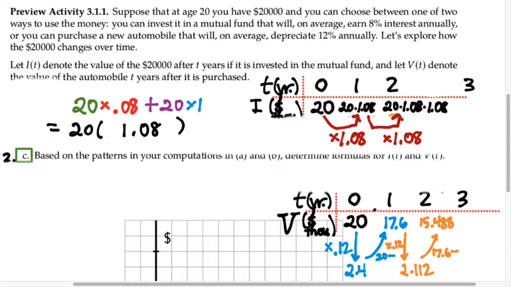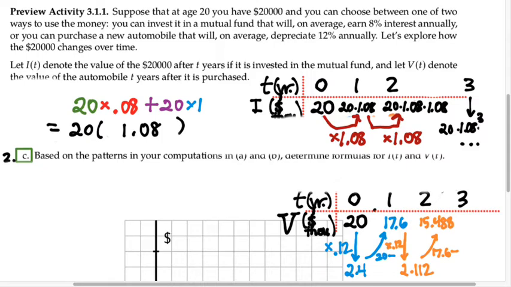And then if I multiply that by 1.08 again, 20 times 1.08 times 1.08 times 1.08, and that starts to get exhausting to write. So how do I write 20 times 1.08 with 3 repeated factors of 1.08? I use an exponent, power of 3, exactly. 1.08 to the 3, and so on and so forth.